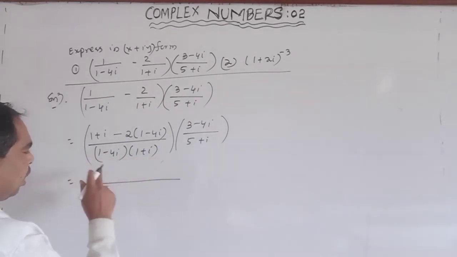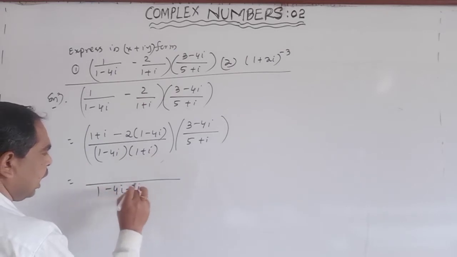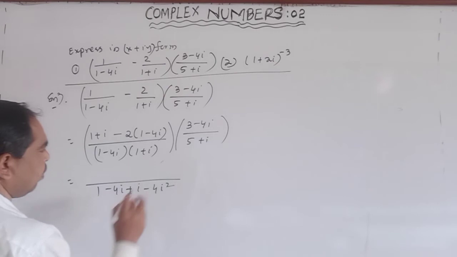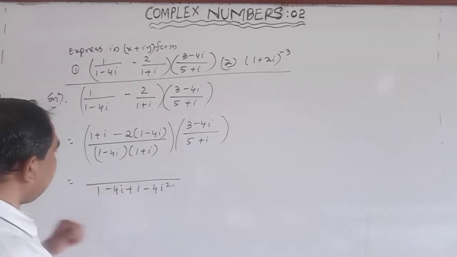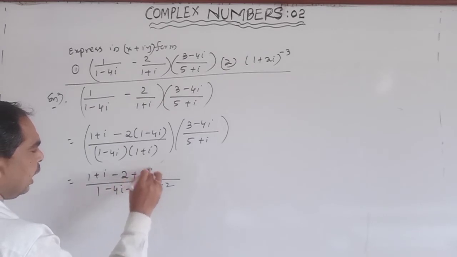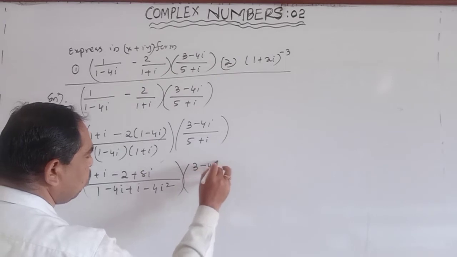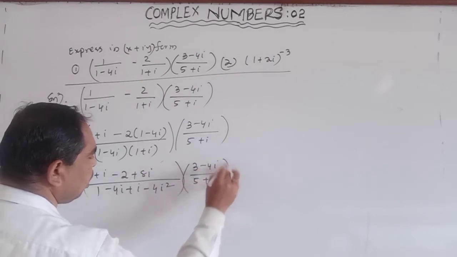Ordinary multiplication: 1 into 1 is 1, minus 4i plus i minus 4i square. Next, 1 plus i minus 2 plus 8i, whole into (3 minus 4i) divided by (5 plus i).